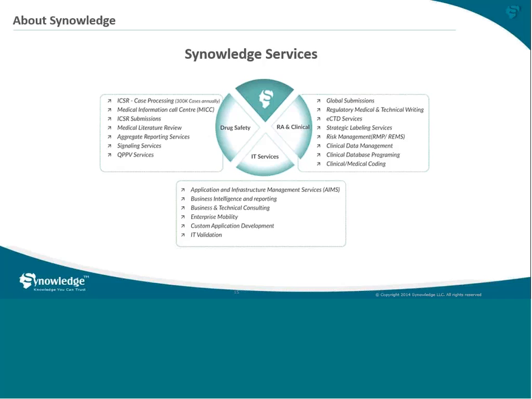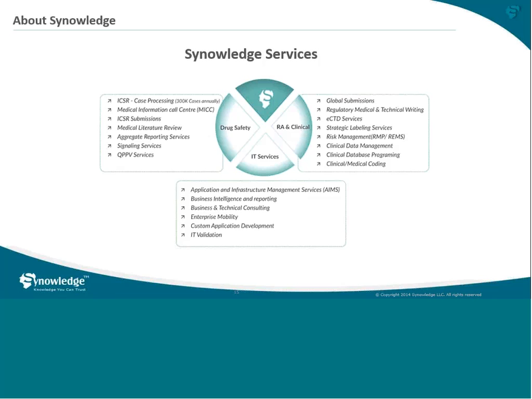And finally, IT services. We help companies manage and maintain their drug safety and other critical applications. Services include hosting, cloud services, and mobile applications. But specifically in relation to E2B R3, Synowledge is working closely with many organizations as they become compliant with E2B R3.